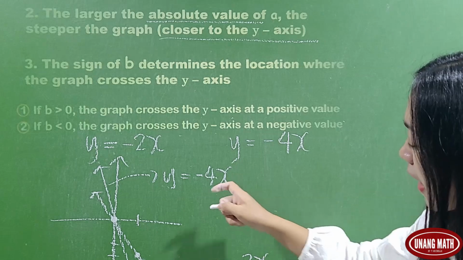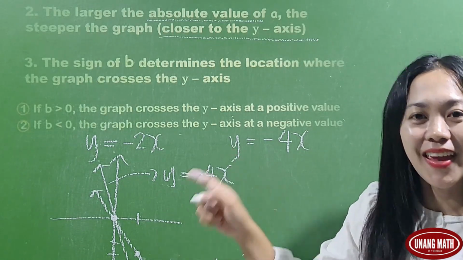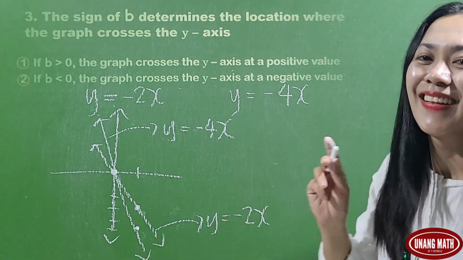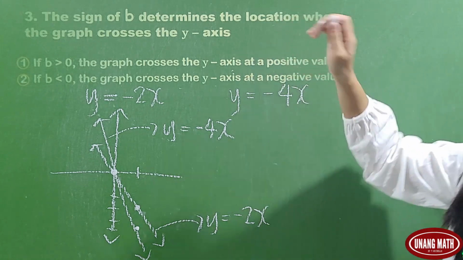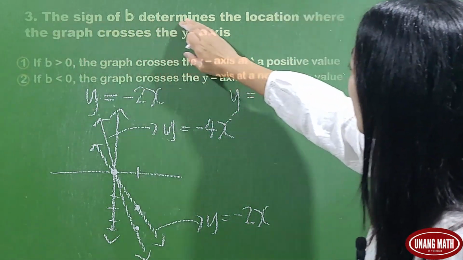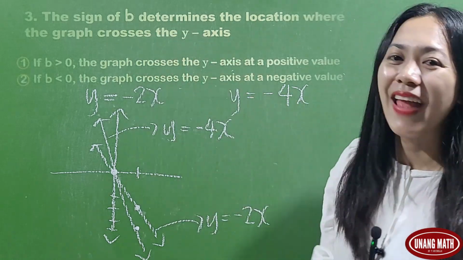It's because the absolute value of negative 4 is larger than the absolute value of negative 2. Okay, moving on to the third characteristic. According to this one, the sign of b determines the location where the graph crosses the y-axis.